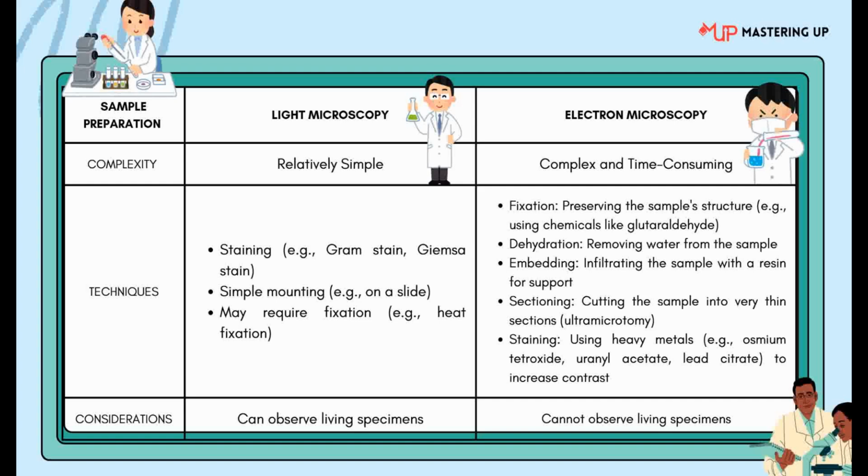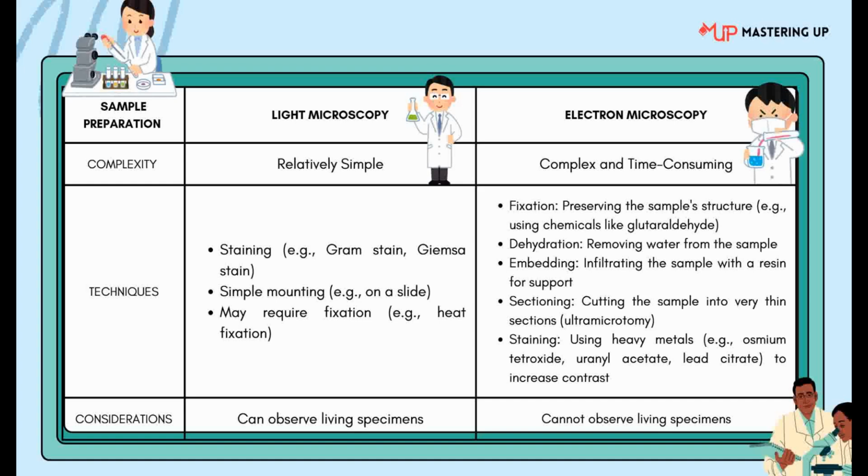The techniques involved in light microscopy sample preparation include staining, such as Gram stain and Giemsa stain, and also simple mounting, like mounting the sample on a slide. And then it may also require fixation, such as heat fixation. Based on the requirement, these techniques can be followed.